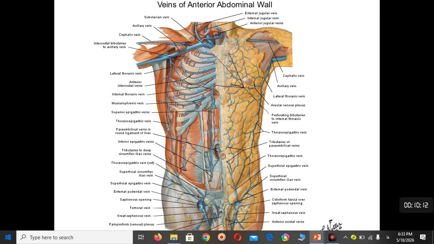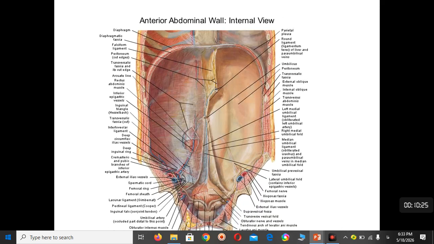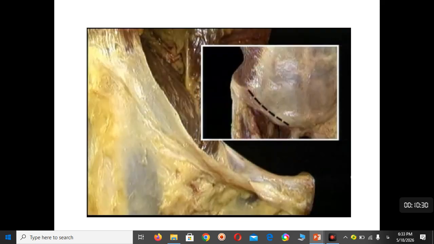The floor of the canal is from the inguinal ligament, and the superior wall or roof is from arcuate fibers of the internal oblique and the transverse abdominis. Here is the inguinal canal. This is the inguinal ligament. In the superior part of the medial half, here is the inguinal canal.